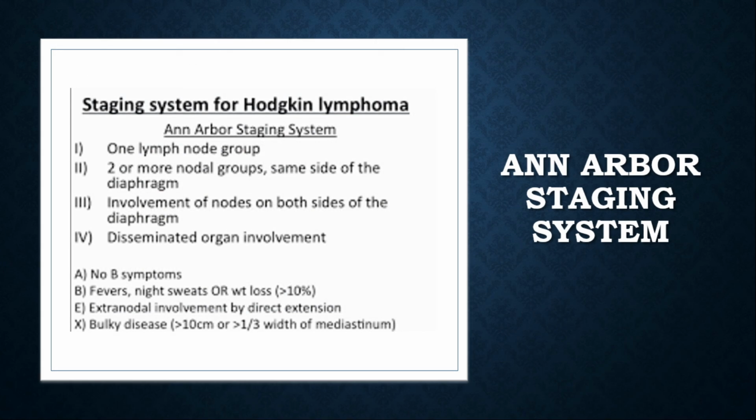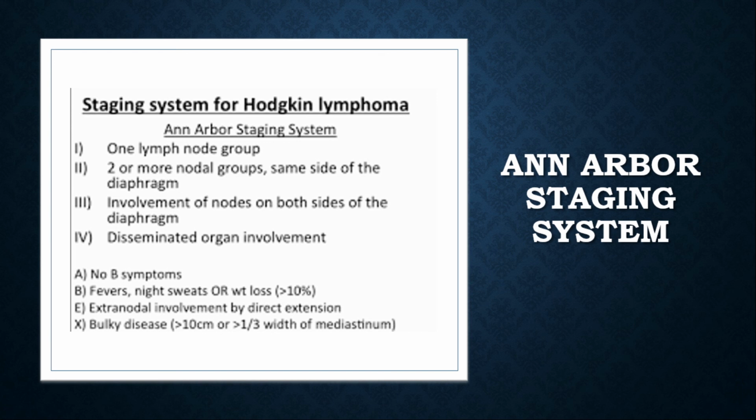I just want to say that if you see a patient being labeled as having 2B, for example, that means that this patient is having stage 2, or two or more nodal groups either above or below the diaphragm, plus fever, night sweat, or weight loss.